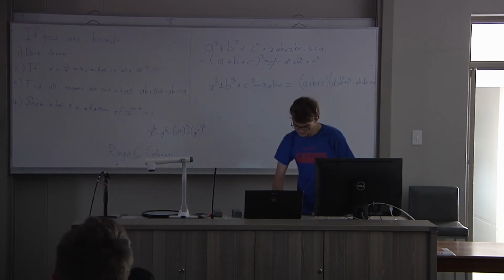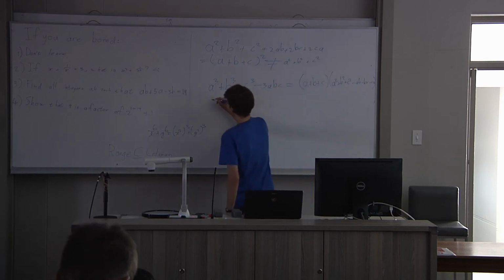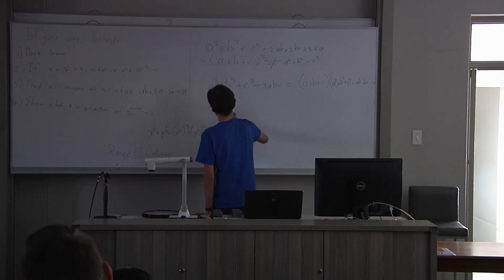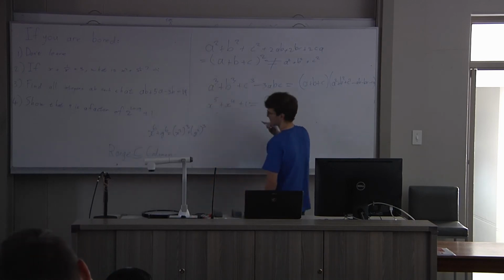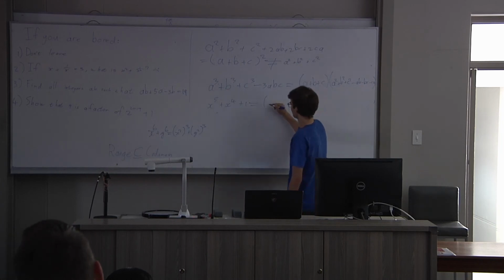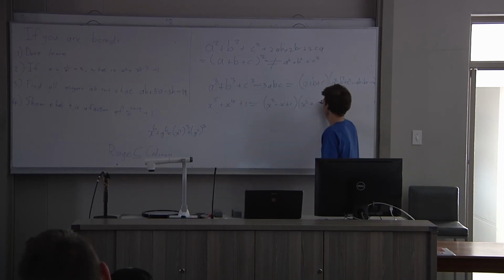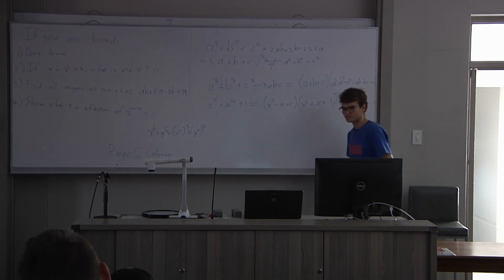And x to the 5 plus x to the 4 plus 1 is equal to x cubed minus x plus 1 times x squared plus x plus 1. Check that for yourself.